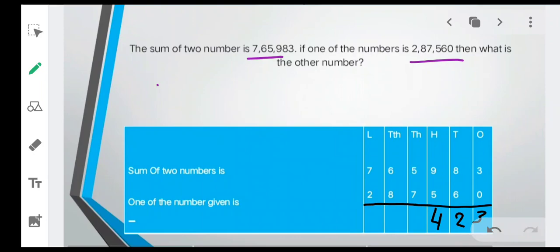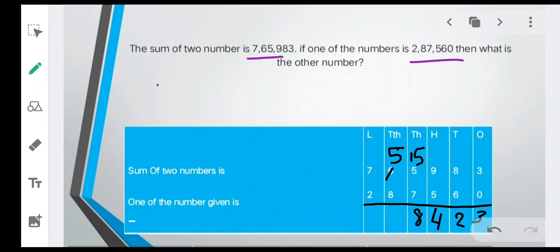In the 1000 column you can see 5 minus 7, but 5 is less than 7, so we go to the 10,000 column. 6 minus 1 becomes 5, and we give this one to the 1000 column. So 15 minus 7, 8.